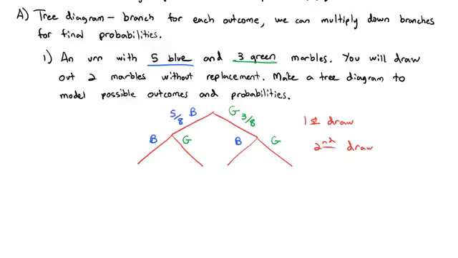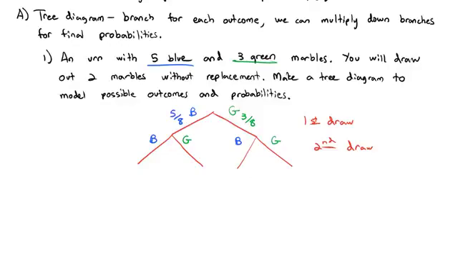If we want a green first and a blue second, we'd go down the green line and the blue line. Or if I wanted a blue then a green, we would go down the blue line first and then the green line second, and we'd end up with the blue-green combination.